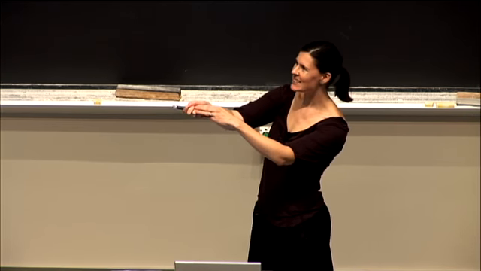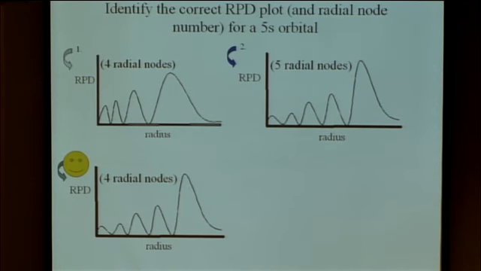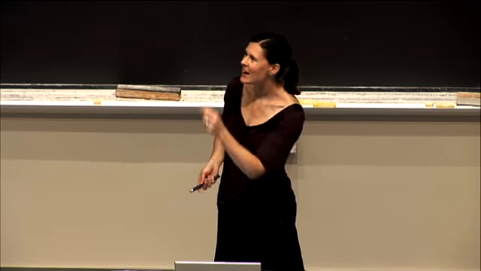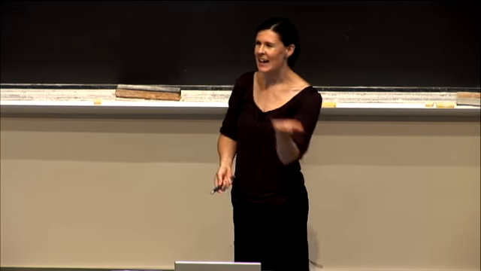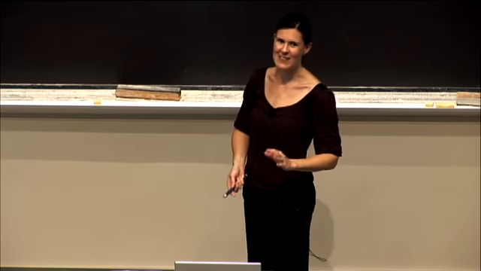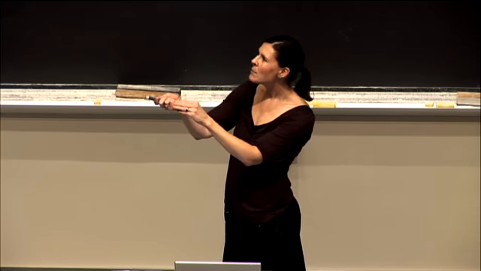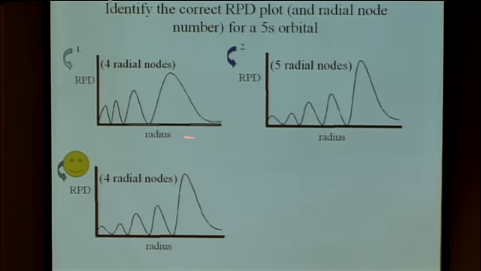This was my best attempt at hitting 0 and not having the graph go down there. I'm not the most gifted at drawing on the computer. So yes, it should be 0 at 0, but I made the line too thick. If anyone got it wrong because of that, my apologies, that's my fault. But you should see that there are 4 radial nodes here since we have a 5s orbital.